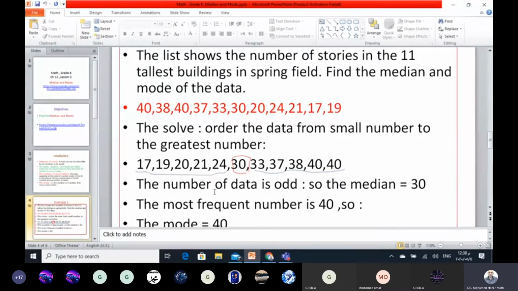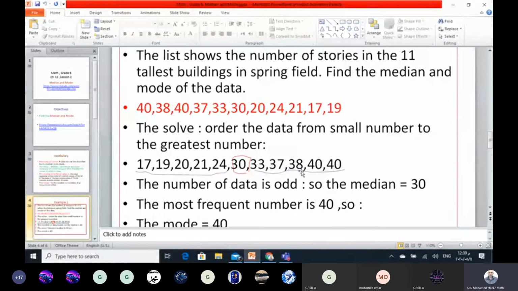When the number of data is odd, the median will be the number in the middle. So here we have 11. Now separate 5 numbers from here and 5 numbers from here. 1, 2, 3, 4, 5. This is 5 numbers. And here 1, 2, 3, 4, 5.